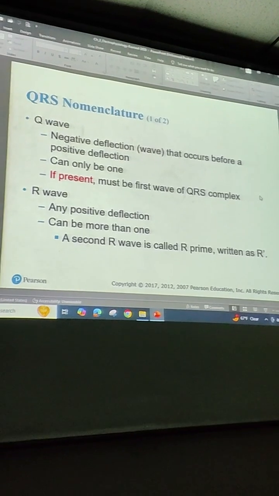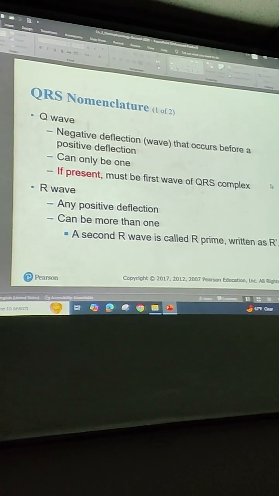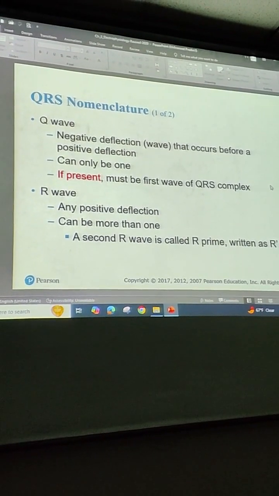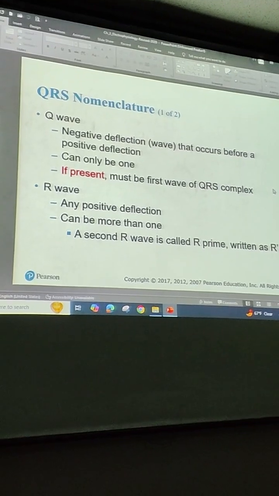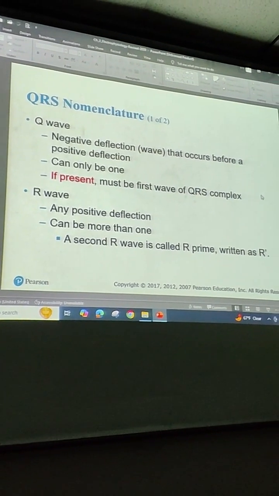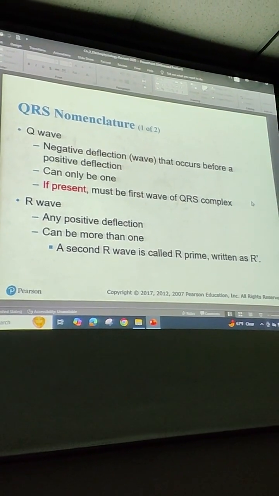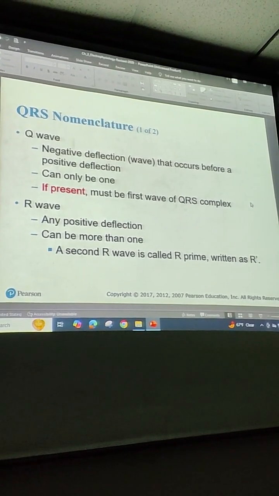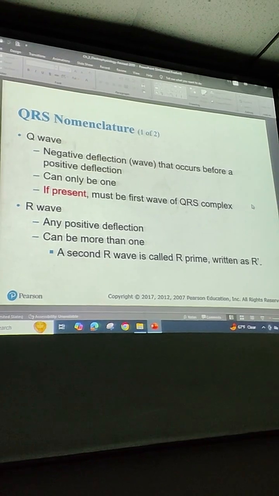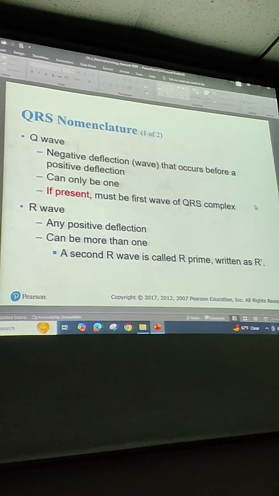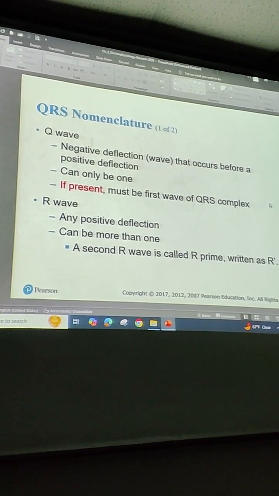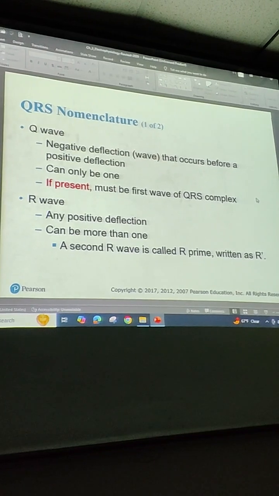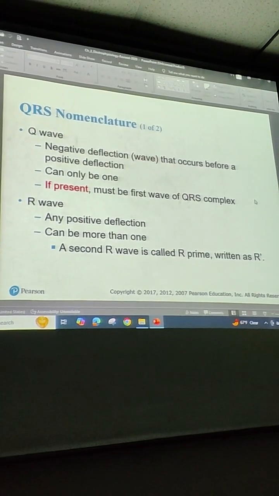Positive, because it's above the baseline or isoelectric line. So now, it said right here, the Q wave. The Q wave is negative. Why is it negative? If we can see it, because remember I mentioned that sometimes it's not visible on an EKG. If it's not visible, excellent.